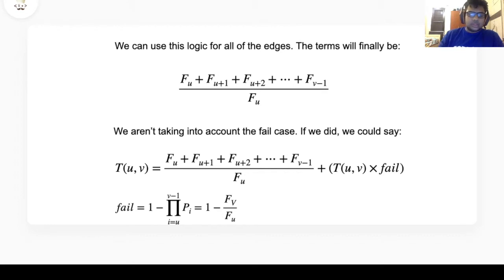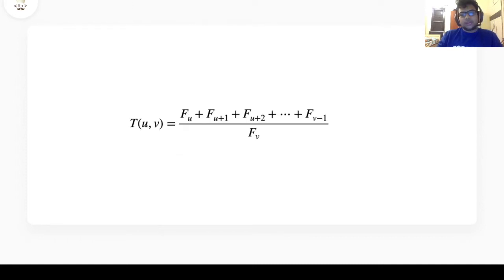And using our earlier deduction, we can say that that's equal to 1 minus f of v upon f of u. And so if you replace the fail in the equation above with this value, then eventually you can reduce the equation to this: the expected time to go from u to v is equal to f of u plus f of u plus 1 plus f of u plus 2 all the way to f of v minus 1 upon f of v.